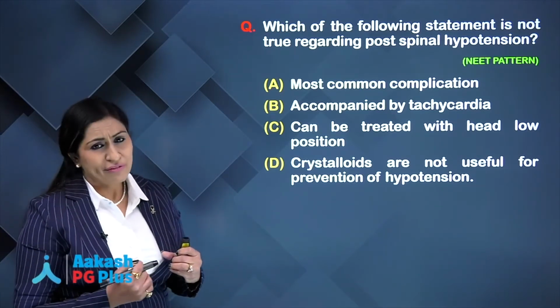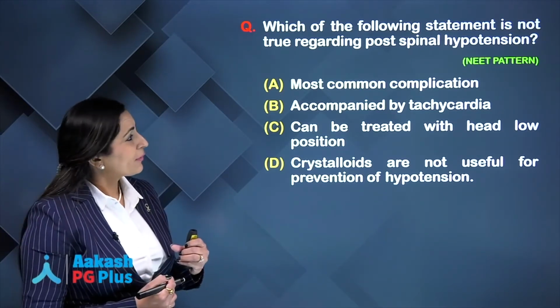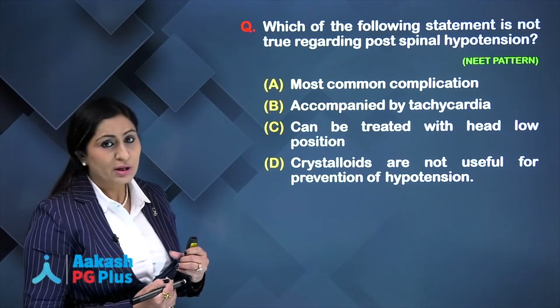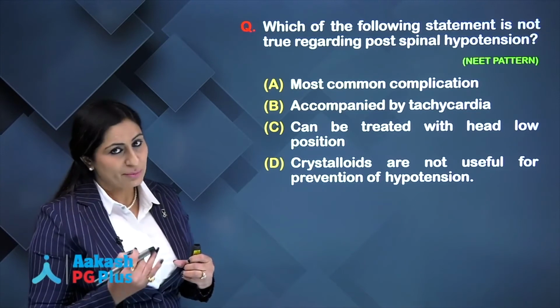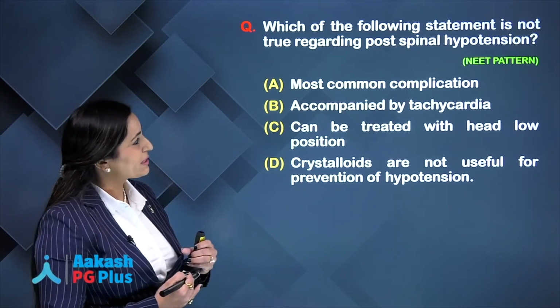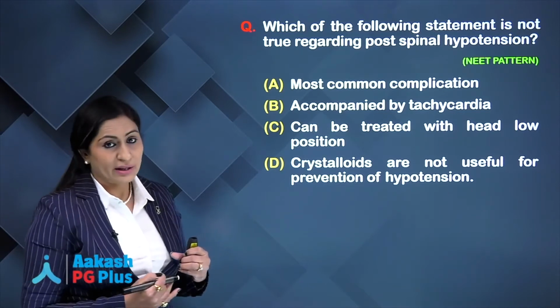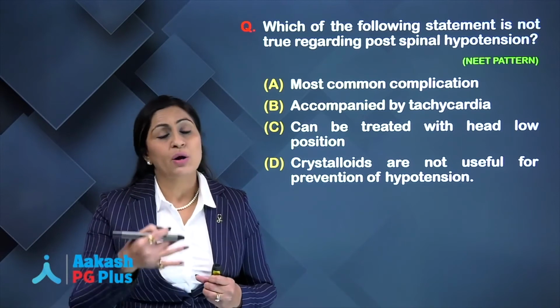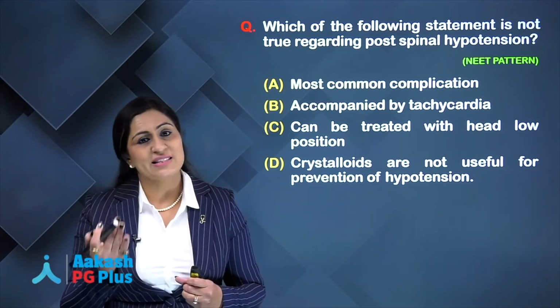So that's a fairly simple question. Most common complication? Yes, hypotension is the most common complication of spinal anesthesia, accompanied by tachycardia. So that's Marey's reflex. Whenever you have hypotension, you have compensatory reflex tachycardia.